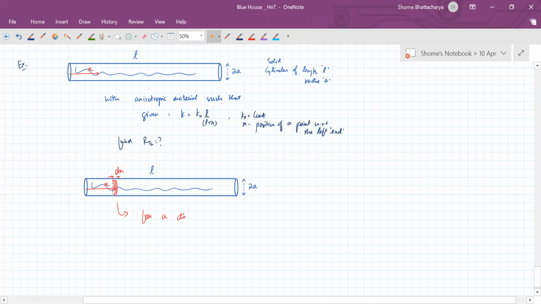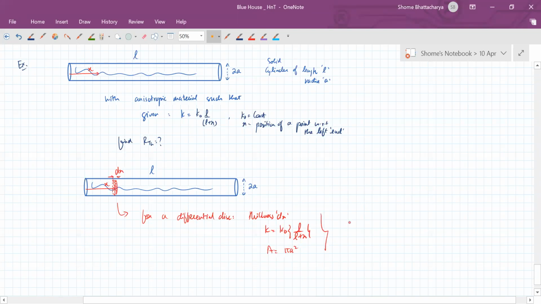So for this differential disc, which has thickness dx, thermal conductivity is equal to K naught L upon L plus x, and the area is pi a square.